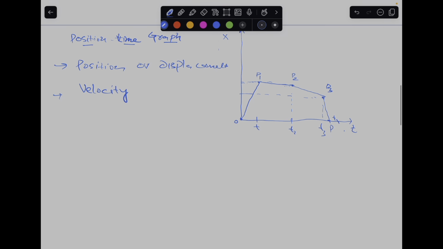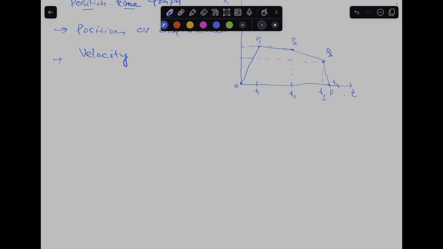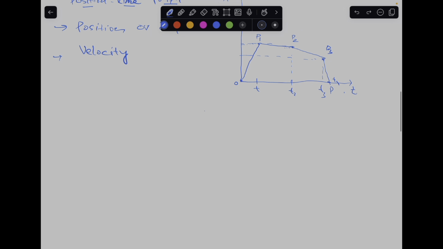So if the particle changes its position between these 2 points, like it's at the trajectory like this, it changes its position between point P1 and point P2.